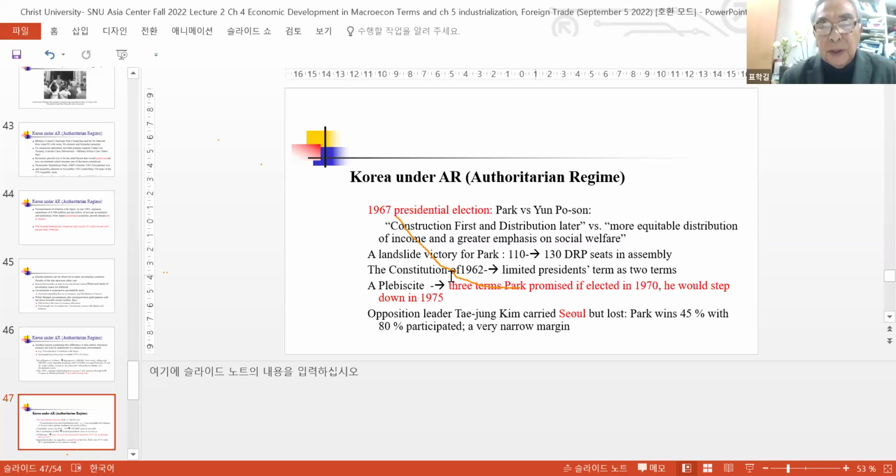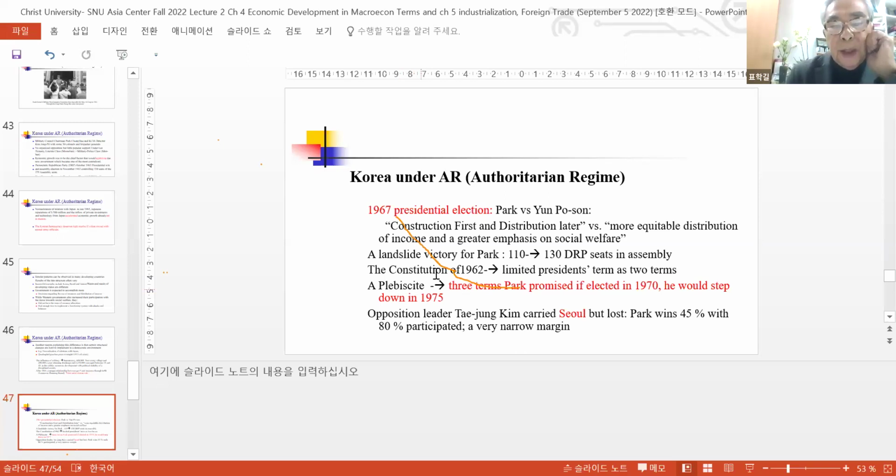So the 1962 constitution limited the president to 2 terms. But President Park changed his mind to increase the 2-term limitation. He conducted a plebiscite. Plebiscite means a national voting event.